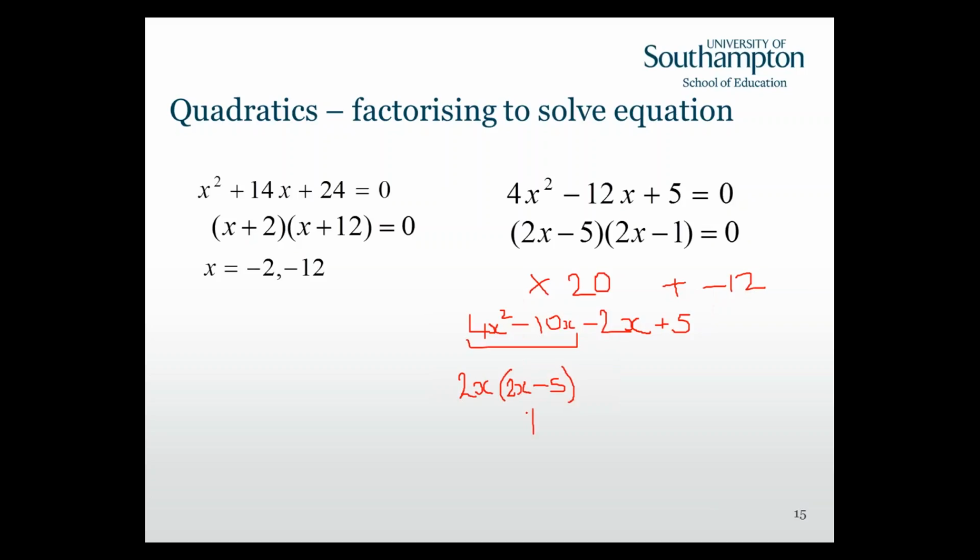Now because of that, I know my other bracket has also got to be 2x minus 5, and in order to get that I need to take out minus 1 out of this bit. And then those 2 bits make my first bracket, so 2x minus 1, and those are both multiplied by 2x minus 5.